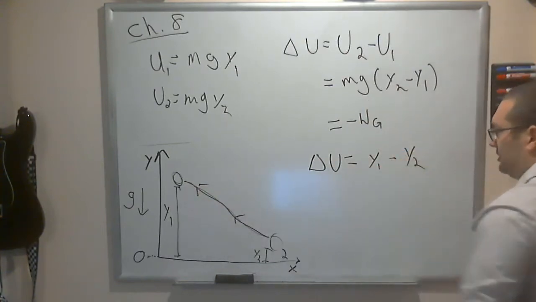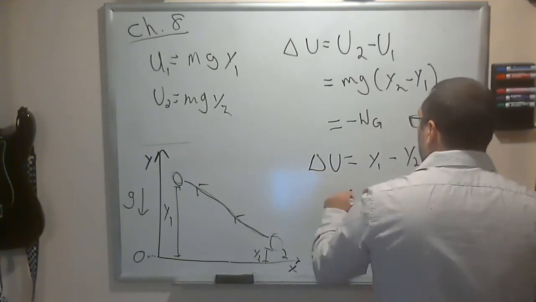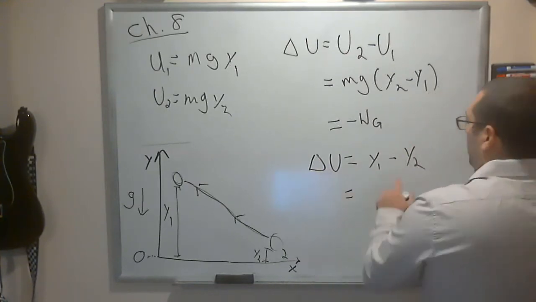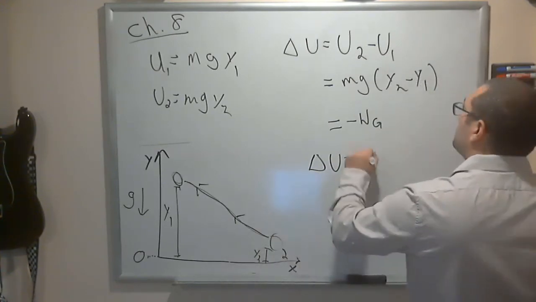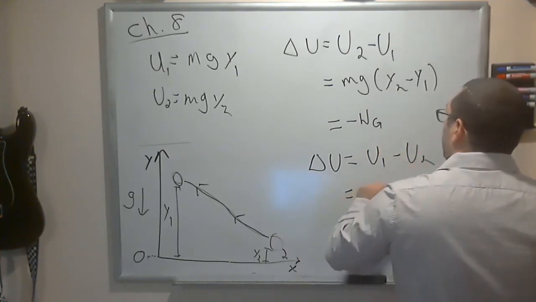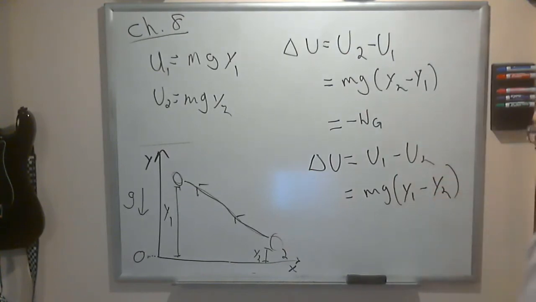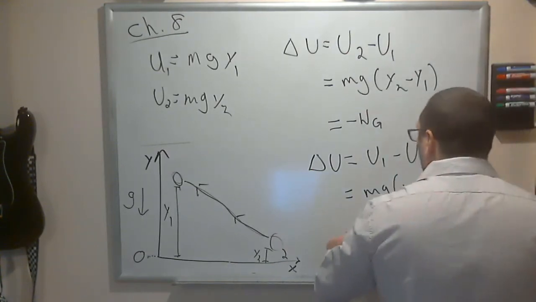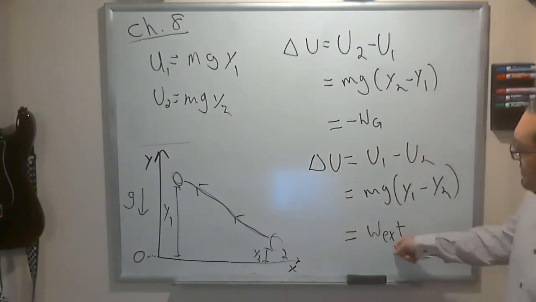Minus its initial potential energy, y2. Or I'm sorry, not y2. This should be, let me write it out, mg y1, right? And this is equal to the work exerted on the object, right?